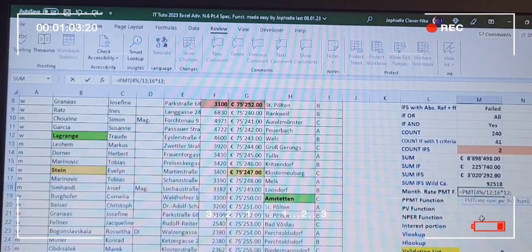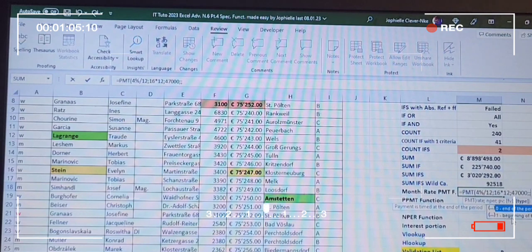Now they are asking us for the present value. The PV is the present value. Let's put in something like 47,000. And then they want to know the period.